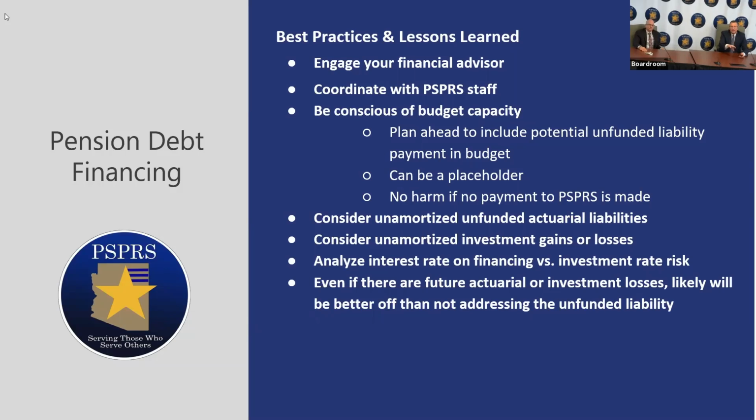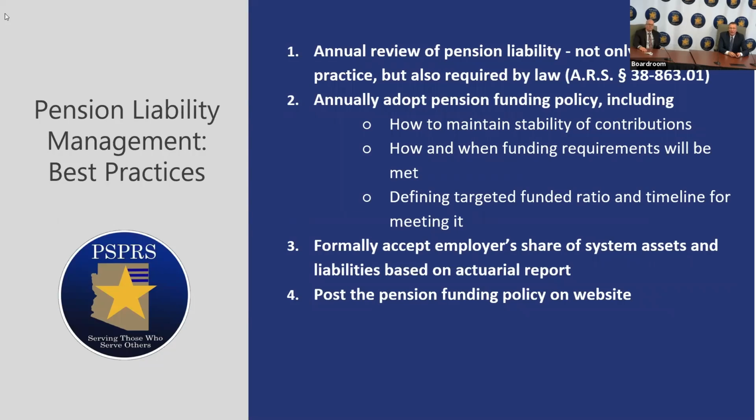And then consider some of the actuarial concepts as you go forward. Make sure that you're planning appropriately that way. Do an annual review of your pension. It's required by law. Make sure that, again, you consider all of these factors and that you formally accept the employer's share of the assets and liabilities based upon that valuation report.